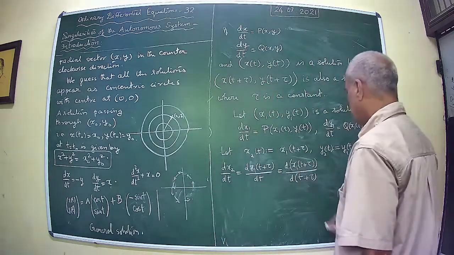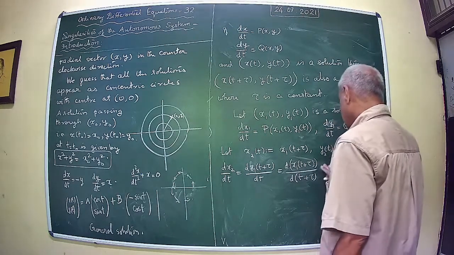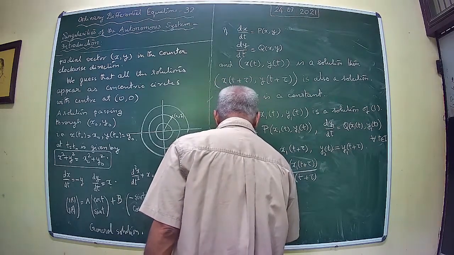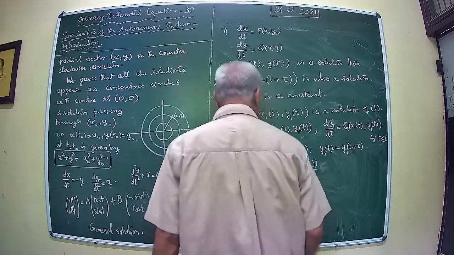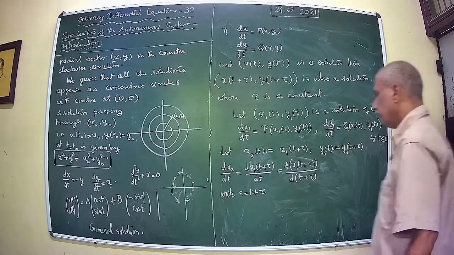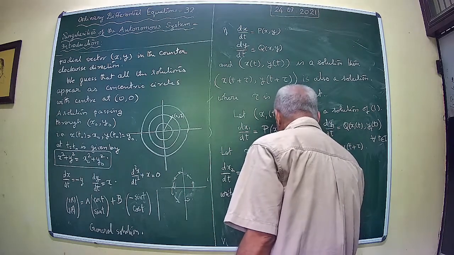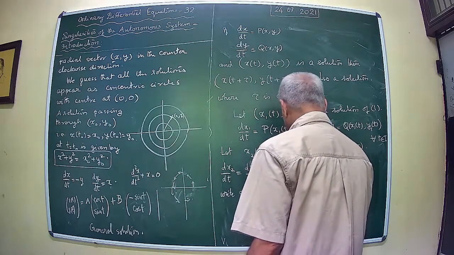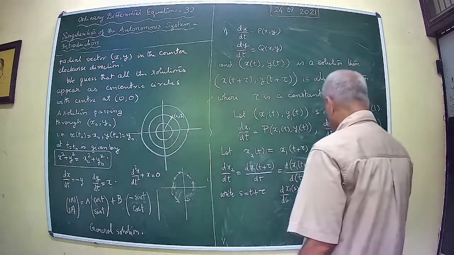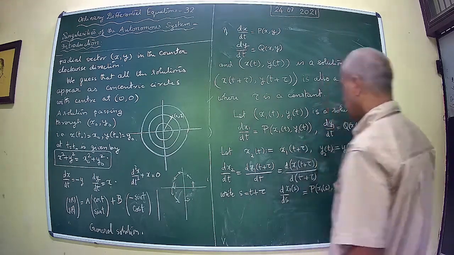But what is this? Suppose I write this as s, now choose tau as a fixed constant. Okay. Then what you have is this, dx1 by ds, this you have.